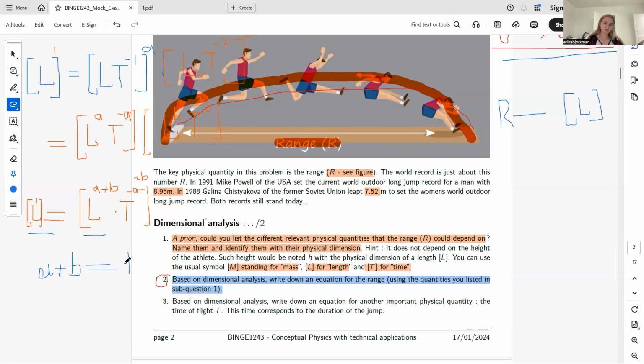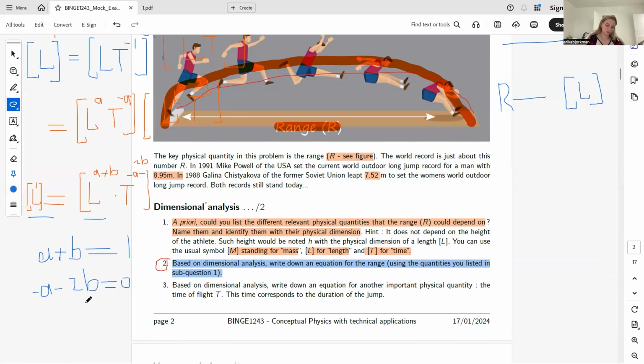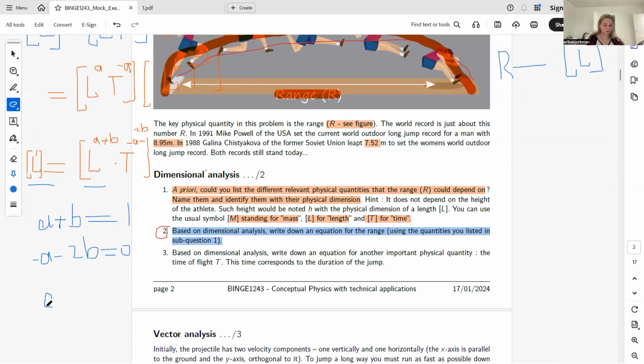And on the left hand side there is no factor of time, so we can write the factor of time, A minus 2B, is equal to 0. Or simply you can write A is equal to minus 2B.